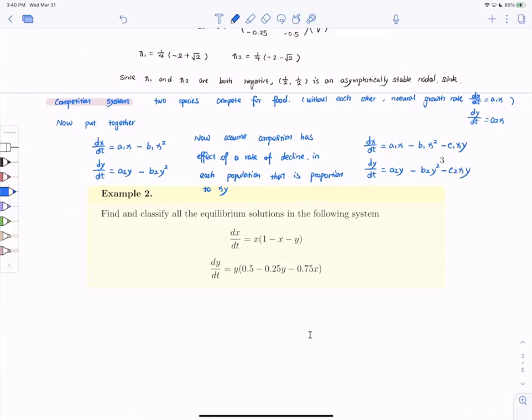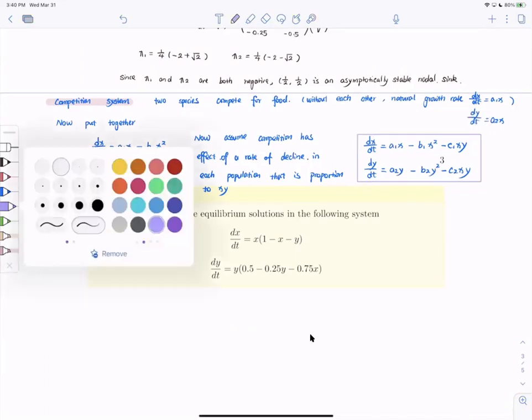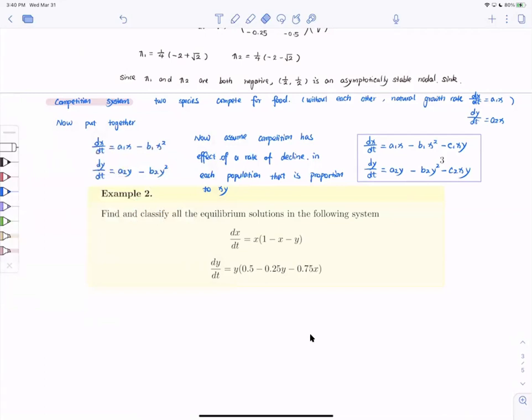This new system is the one that's tested the most. It's called the competition system. Most likely they will test you on this because it's the most complicated one, at least in 244.